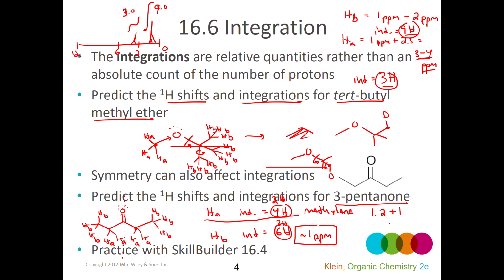So this one's going to appear between 2 and 3 ppm. So I'd see one signal around 2 to 3. If this were the structure I were taking an NMR for, I'd see one signal around 2 to 3 that would integrate to 2 or 4, and then one signal at around 1 ppm that would integrate to 3 or 6 relative to the other signal.